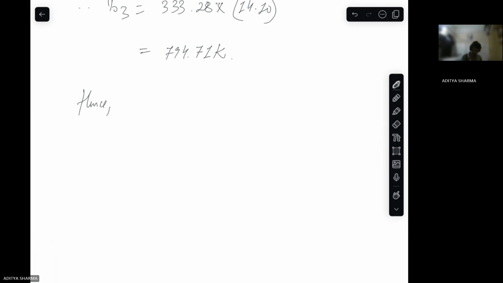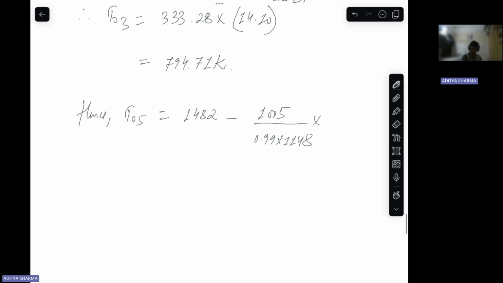Hence, T05 is T04 1482 minus 1005 by 0.99 into 1148 into T03 is 794.71 minus T02 is 333.28.